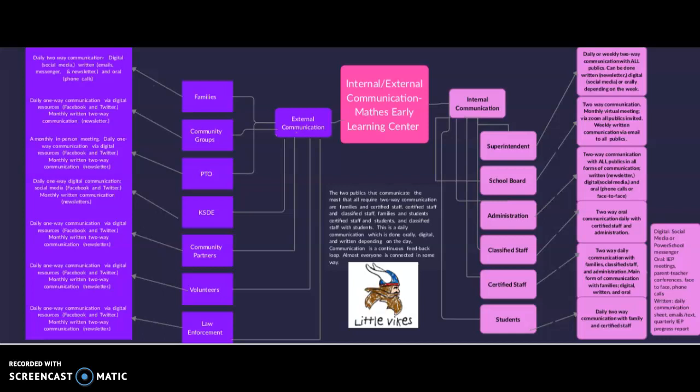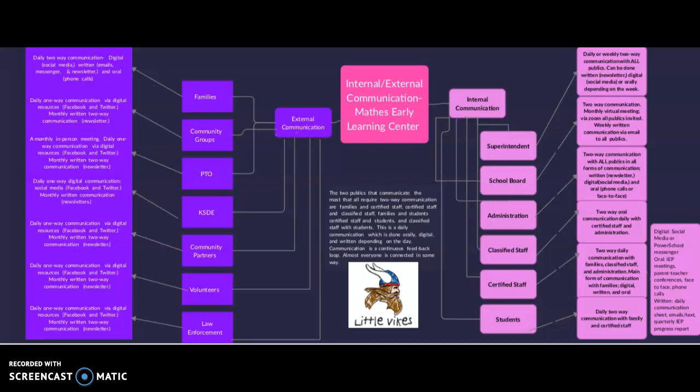So the school board communicates with the superintendent, administration, classified staff, certified staff, students, basically all of the publics. They also have a website. On their website, they have the agenda for each of the meetings, and they also have all of the past school board meetings on there as well if you need to go back and watch something.